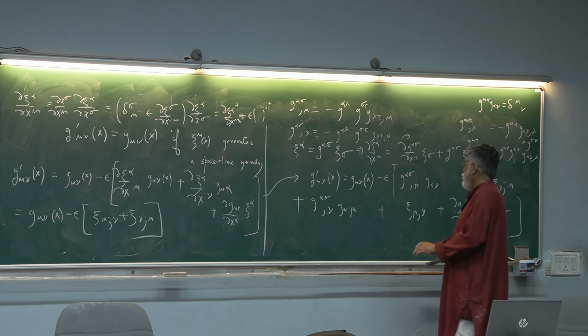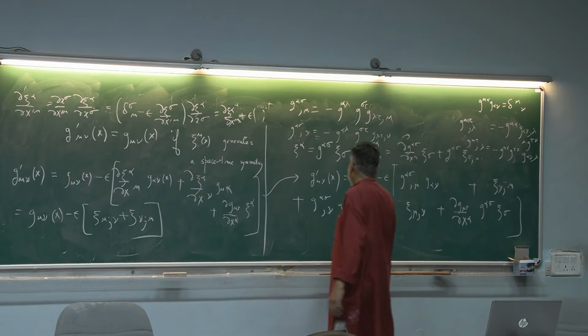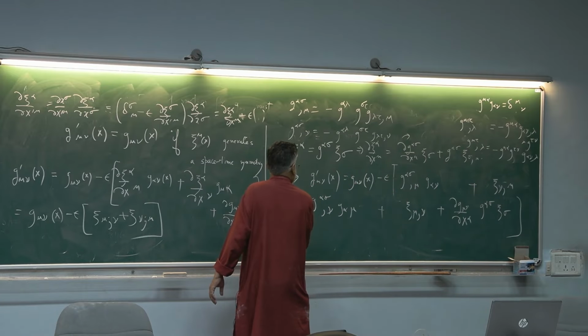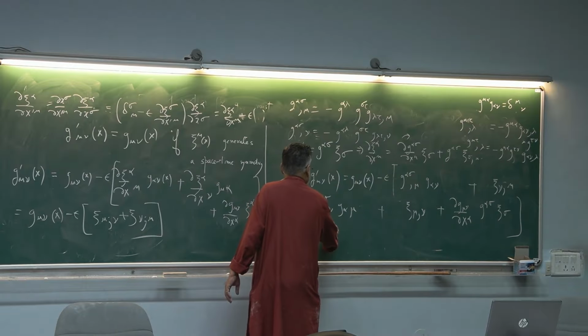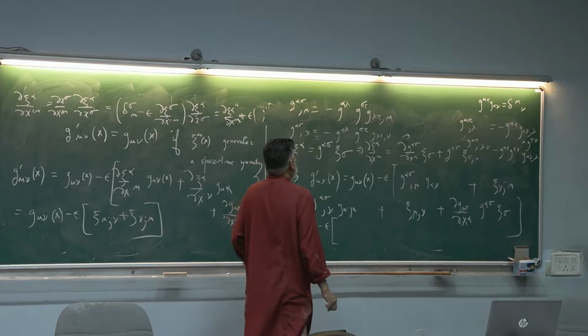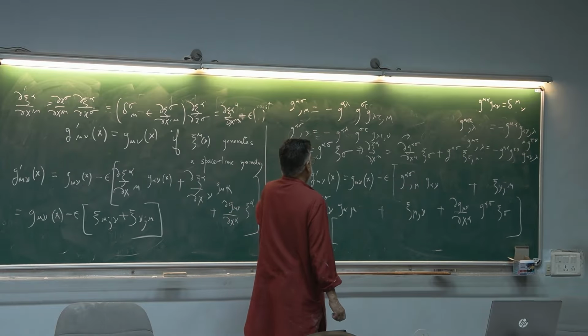So when you do that, you get the result that this is equal to g mu nu at x minus epsilon. So there is a minus sign.